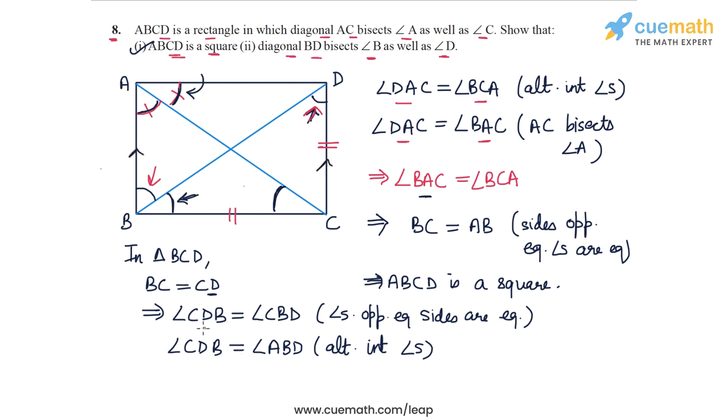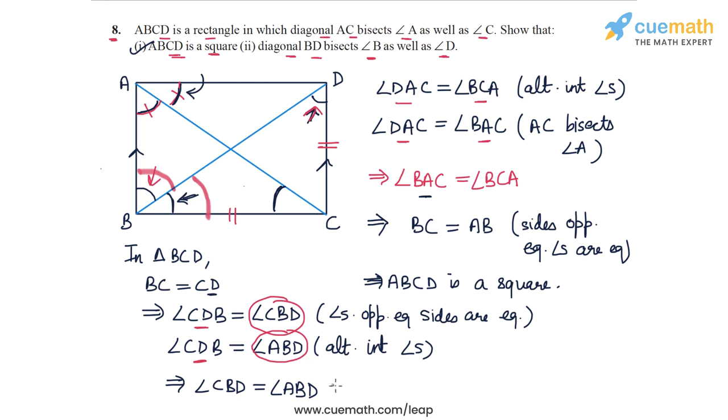So if we compare these two equalities we have written, we have angle CDB on the left side on both, and we have angle CBD and angle ABD on the right side. So these two must be equal. So we get angle CBD must be equal to angle ABD. And this basically means that this angle CBD and this angle ABD are equal.